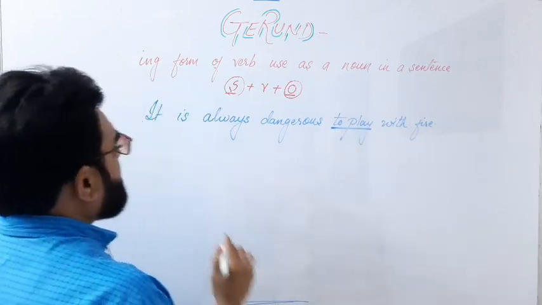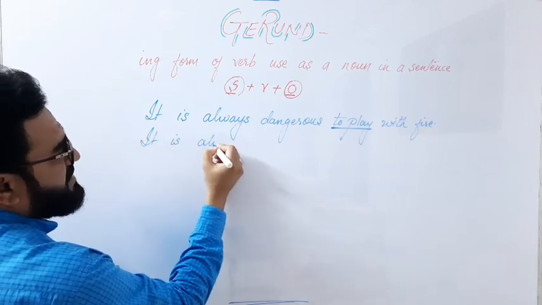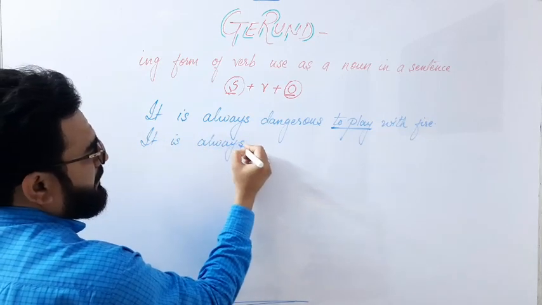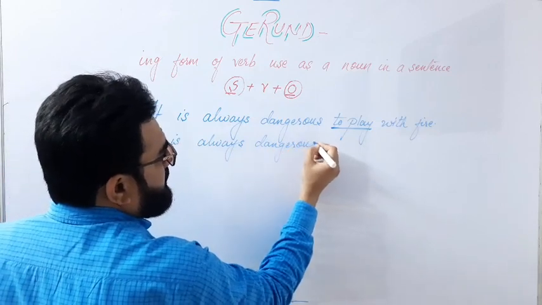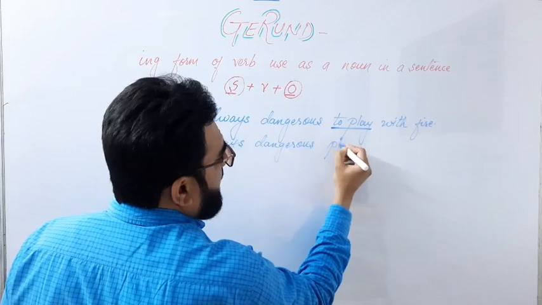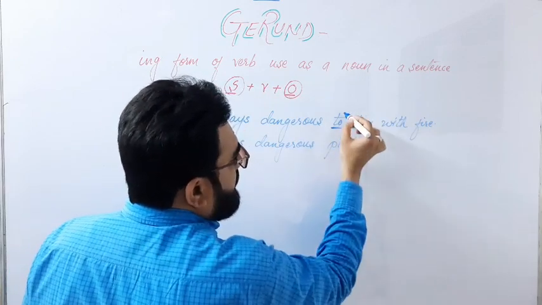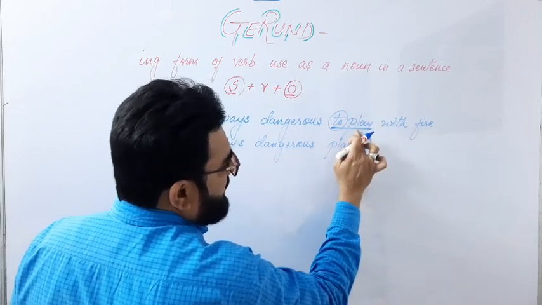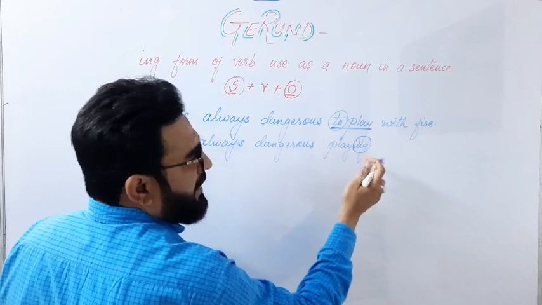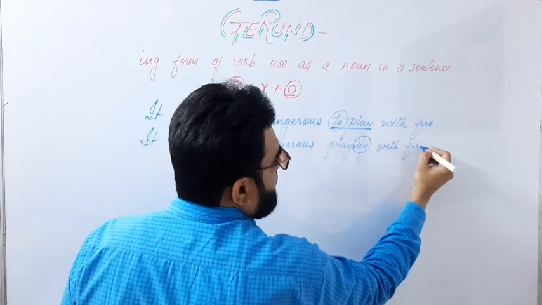Very simple answer. It is always dangerous. Now, playing. See, what happens? To is replaced by ing. This first form of verb gets ing and it becomes gerund with fire.